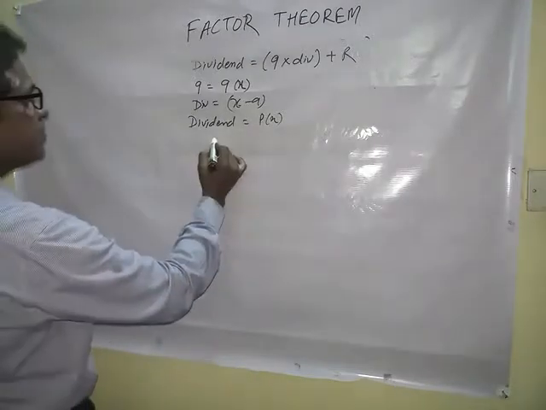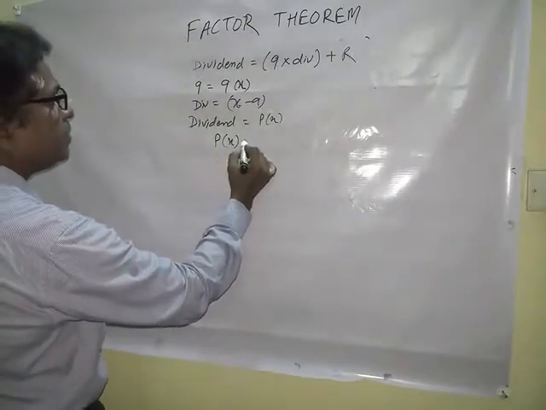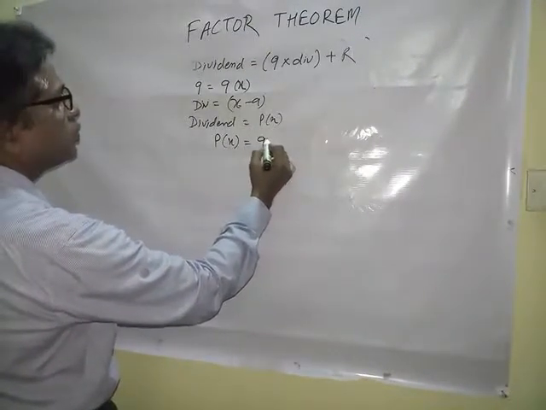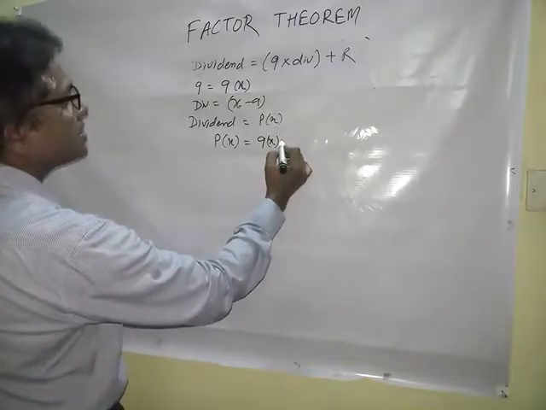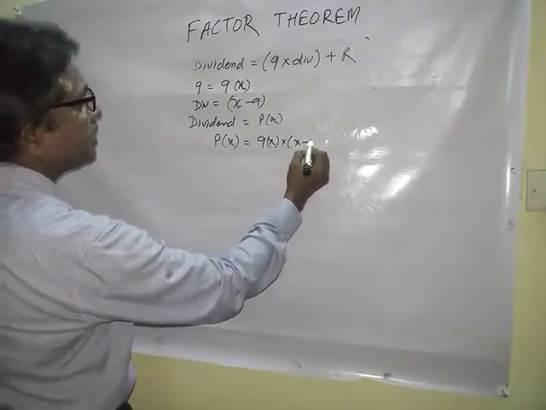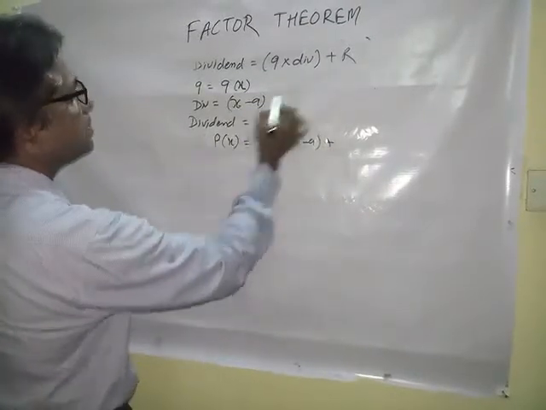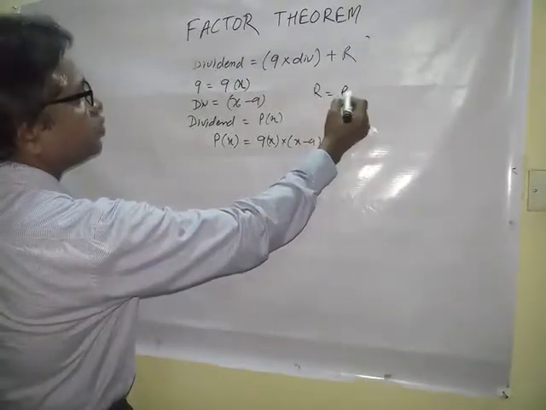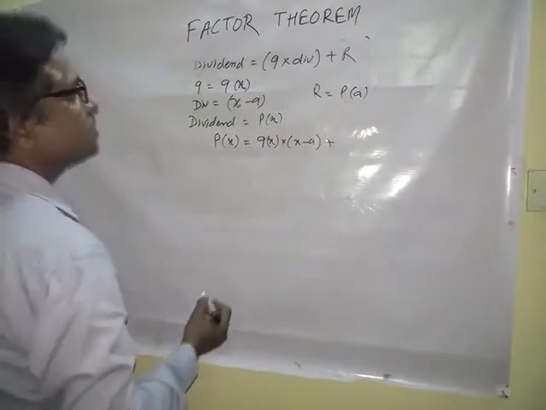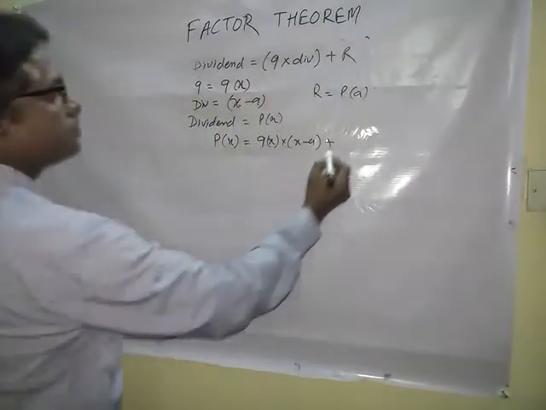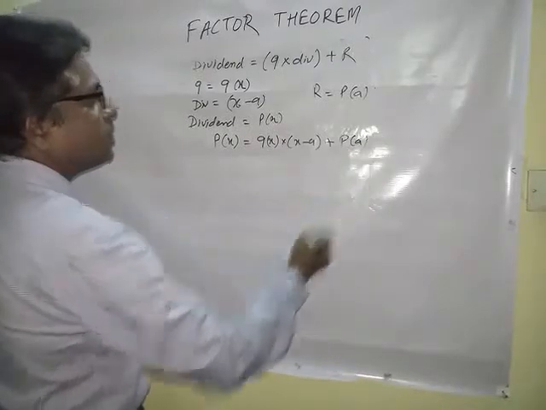So this equation will be P(x) = q(x) multiplied by (x minus a) plus the remainder, which is P(a), as we have studied in the remainder theorem.